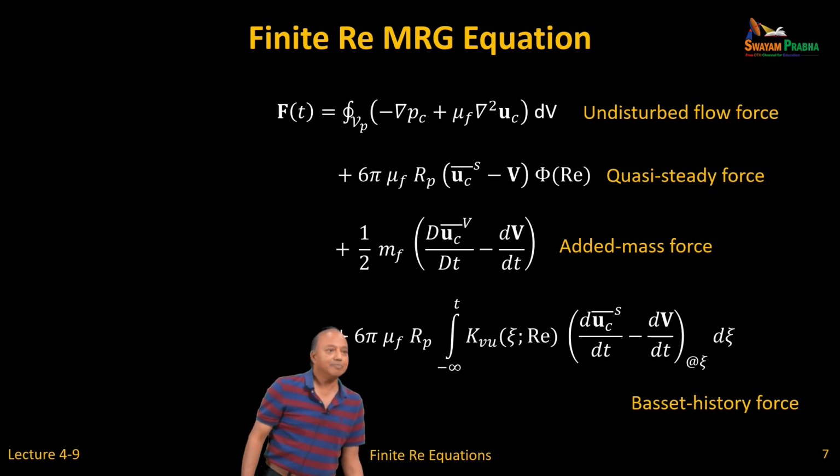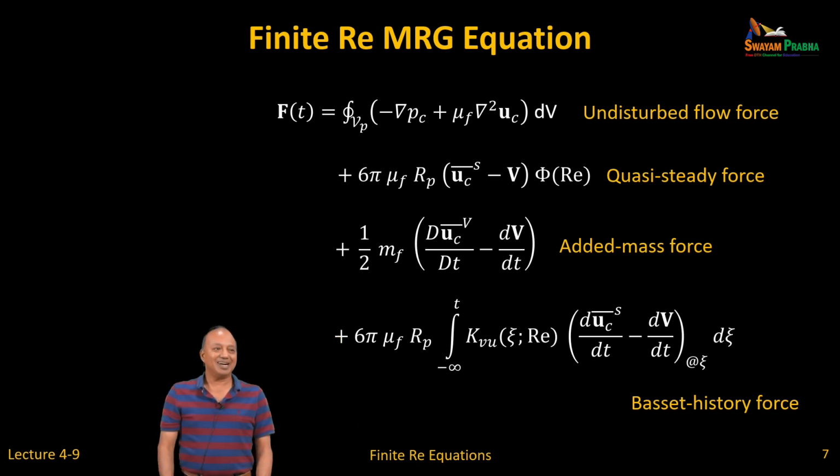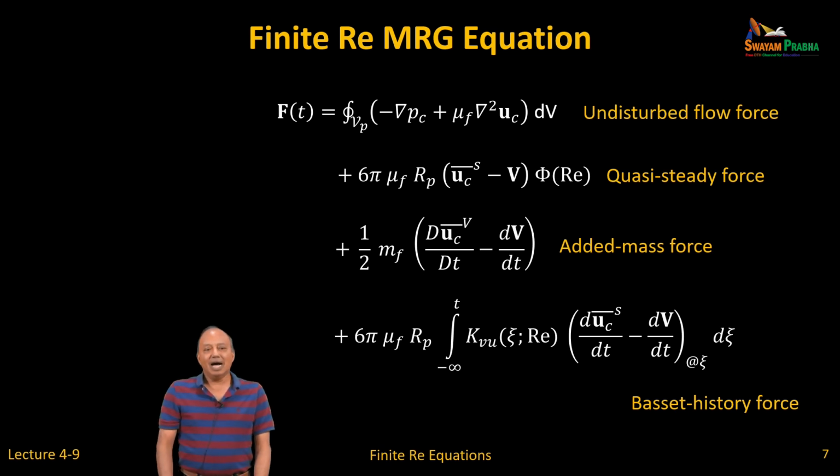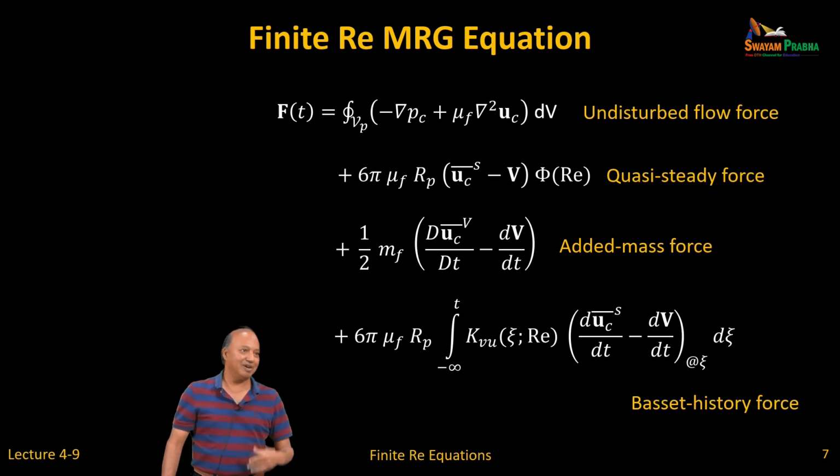The Bassett history, the relative acceleration, does not contain the convective term. There are a lot of technical details. The boundary layer growth, which is what the Bassett history describes, doesn't worry about convective acceleration. Whereas for the added mass force, the change from little d by dt, the partial derivative, to the total derivative makes a difference.